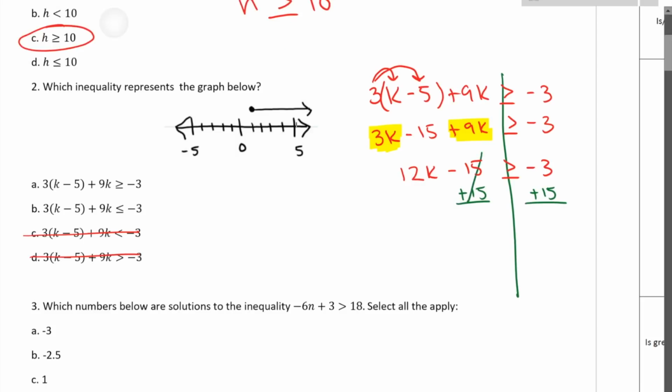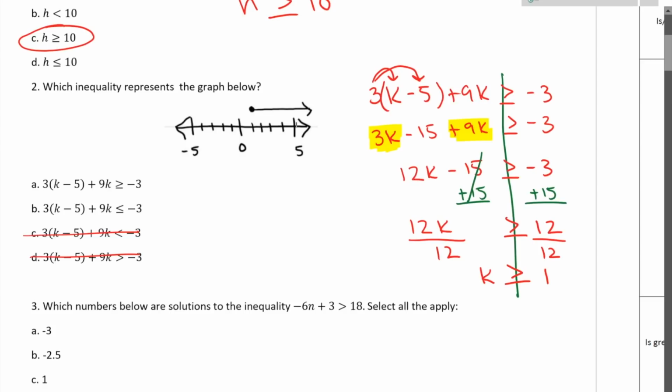I am left with 12k greater than or equal to. You owed somebody $3, you paid them 15, so 15 minus 3, that gives you an answer of 12. Last thing to do, divide by 12, divide by 12, k is greater than or equal to 1.